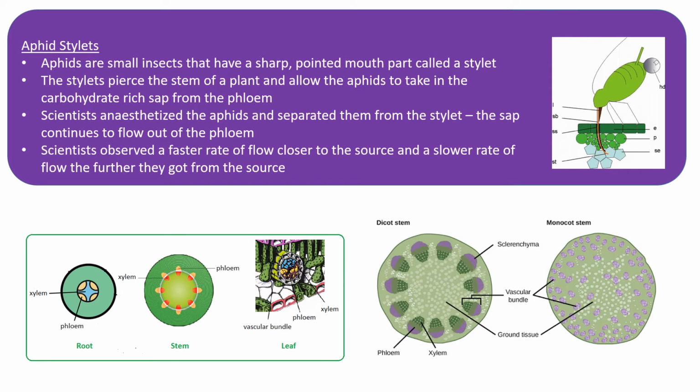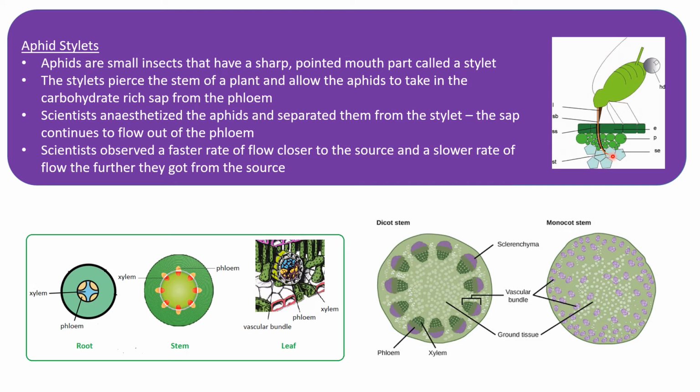Okay, aphid stylets. This has come up in a few exam questions. An aphid is like a small green fly. This is an aphid here, and the stylet is like a sharp mouth part here. What the aphid does is it lands on the stem of a plant and plunges that stylet into the plant stem. And this here would be the phloem.